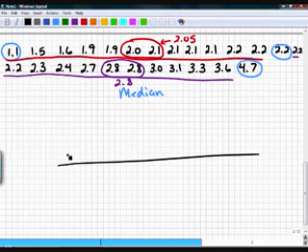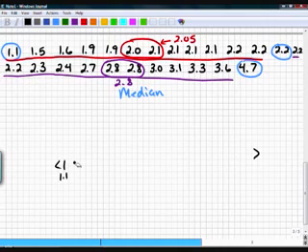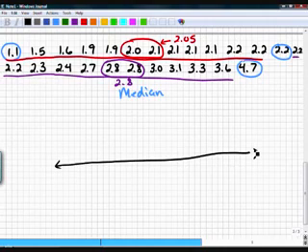Let's see. This is going to be kind of nasty. We've got to do 1.1. Let's do it like this. We've got to go all the way up to 4.7. Let's think this through. I can't really do it exactly, but you can space it out to where this doesn't have to be exact.